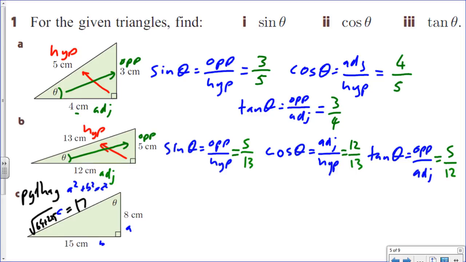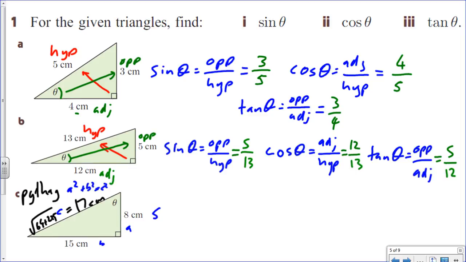If you put that into your calculator, you'll find that that side there is going to be 17 centimetres. So you'll need to show some working out about how to work out Pythagoras. I'm not going to do that here. That is revision. You need to know how to do that. If you need to go back and do some Pythagoras questions from earlier on, you need to do that.